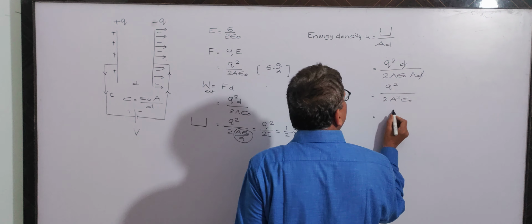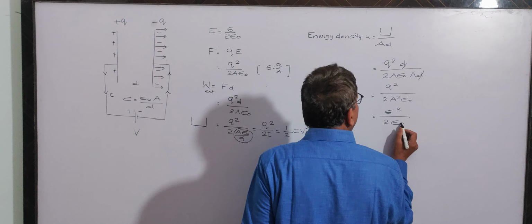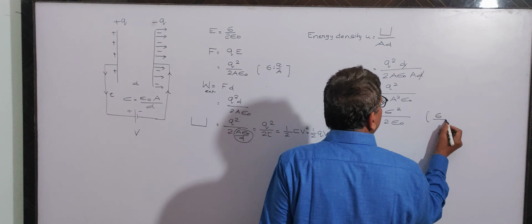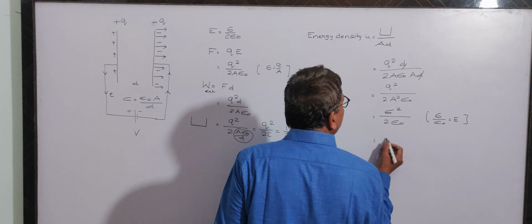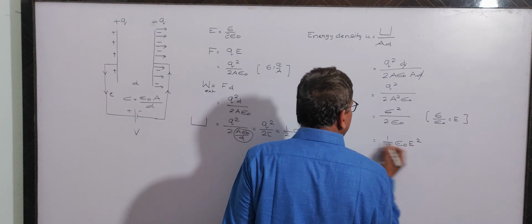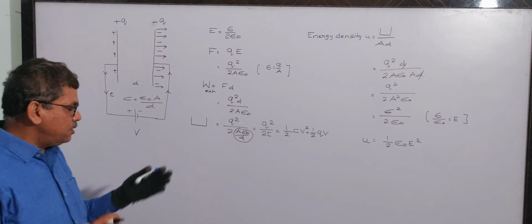Now this can be written as sigma square by 2 epsilon naught. Now sigma by epsilon naught is the electric field, so you can replace this value. I can write this as half epsilon naught E square, which is the energy density, that is, energy stored per unit volume of the capacitor.